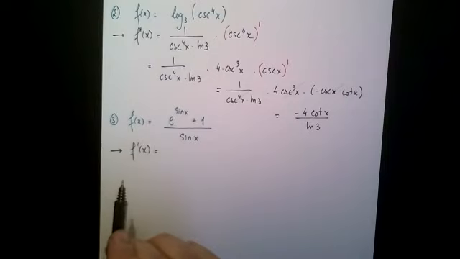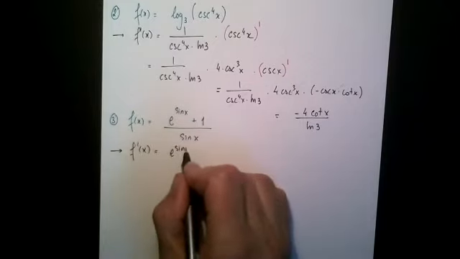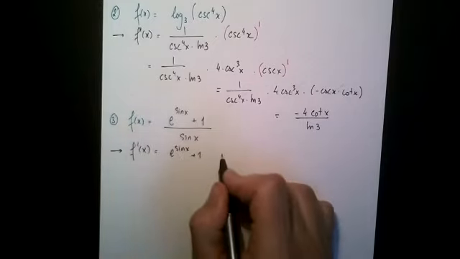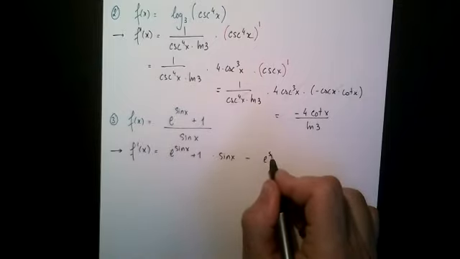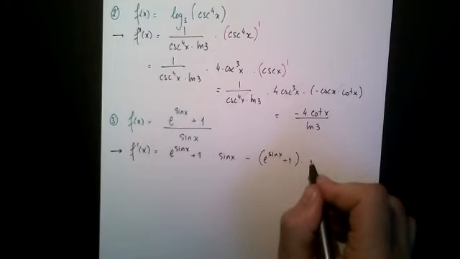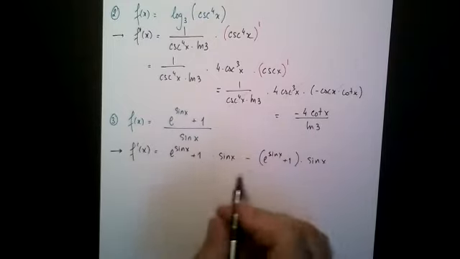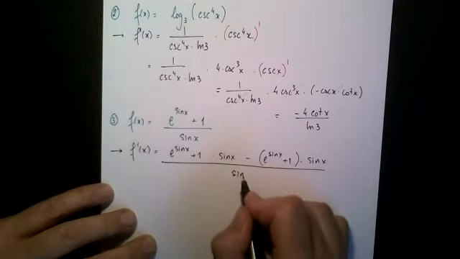So here, of course, we have a quotient rule. Okay, there's a division, so quotient rule. So the derivative of the top times the bottom minus the top times the derivative of the bottom, and all this over the bottom squared.